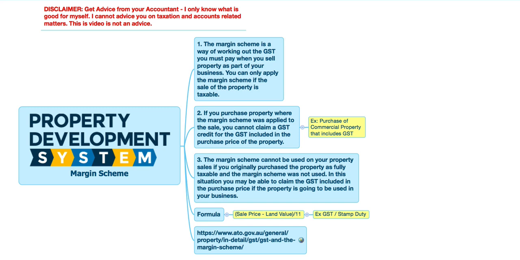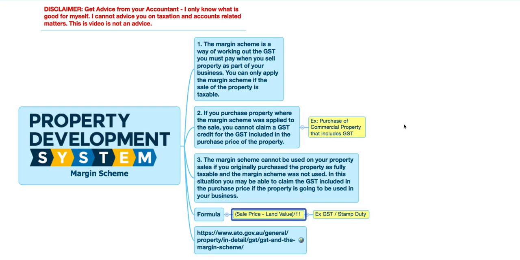For example, purchase a commercial property that includes GST. So in a nutshell, before I start reading again, I'll just explain. A margin scheme is basically when you buy land, it's this formula here: sale price less land value, divide that by 11, and that's the GST. Rather than paying the full GST, you take out the value of land, and you pay GST on the value that you've added to the block.